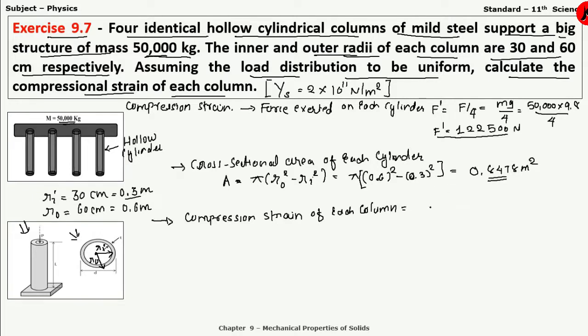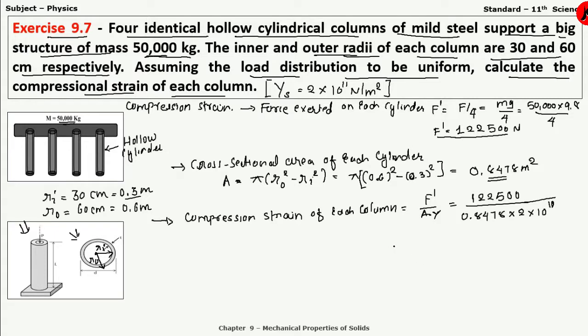The compression strain is given by the equation F dash by A into Y. This is a very simple equation; from the equation of Young modulus we can easily write it. So F dash is 1,22,500 divided by area 0.8478 into Young modulus 2 into 10 raised to 11.